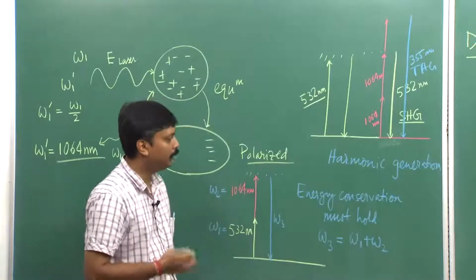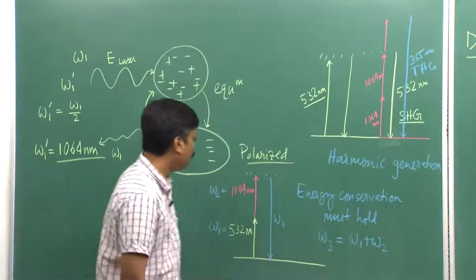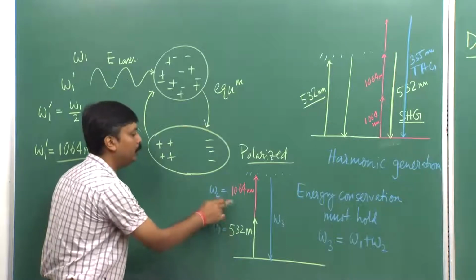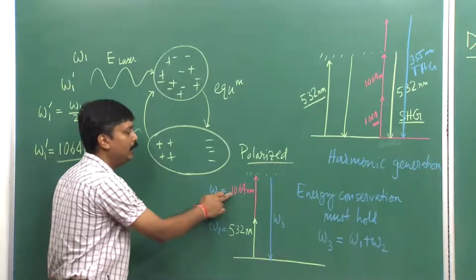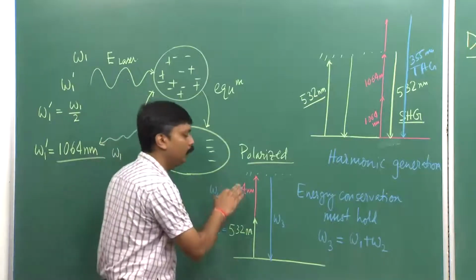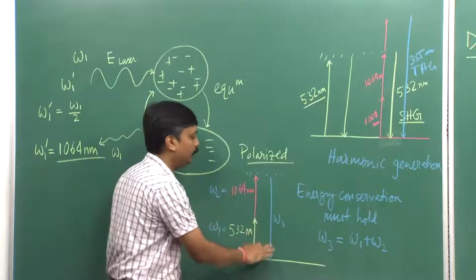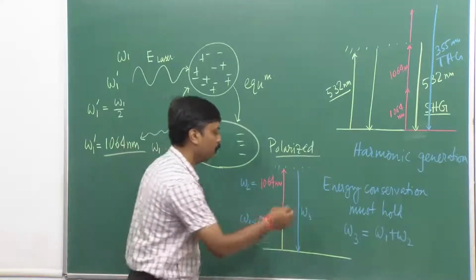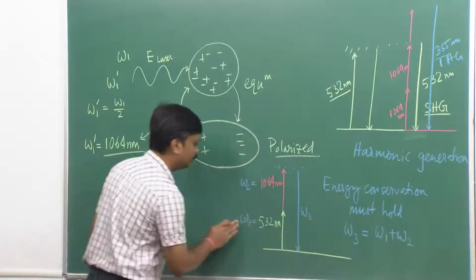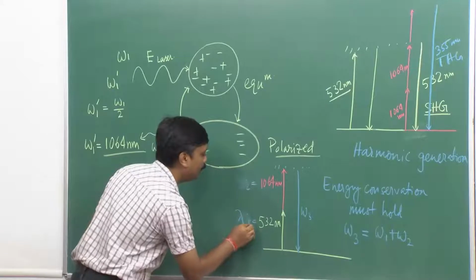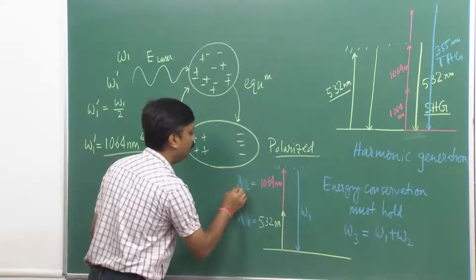So, at this point, I have used 2 photons having wavelengths 532 nanometer and 1064 nanometer, they have somehow mixed in the material and generated a third photon having omega 3 frequency. So, I should correct this one, this is actually lambda 1 and lambda 2.